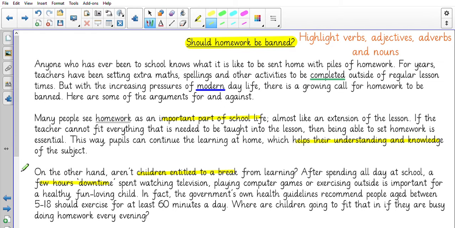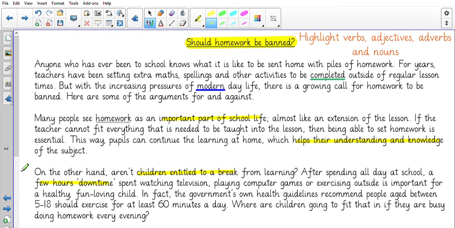Many people see homework as an important part of school life, almost like an extension of the lesson. If the teacher cannot fit everything that is needed to be taught into the lesson, then being able to set homework is essential. This way, pupils can continue their learning at home, which helps their understanding and knowledge of the subject. On the other hand, aren't children entitled to a break from learning?